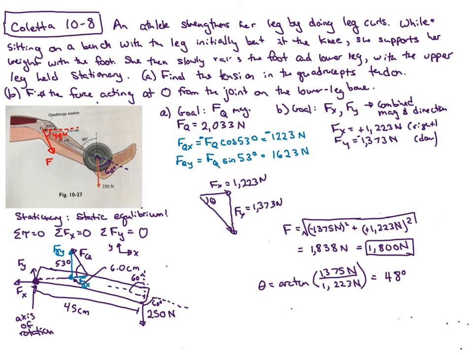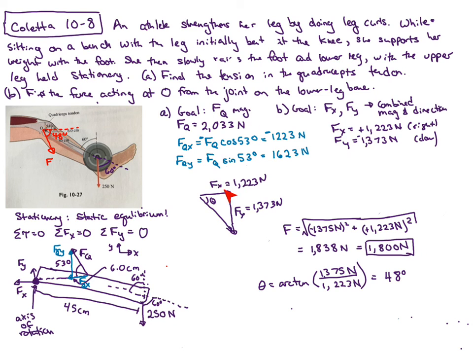Here I have the x and y components, and of course, to do vector addition, I draw my triangle, right? X is to the right, add tip to tail with y, which is down, makes an arrow that goes down to the right. I drew that arrow on here, and then what I need to do is find the magnitude and direction. The magnitude, I just use the Pythagorean theorem, and I get 1,800 newtons when I'm careful about my sig figs.